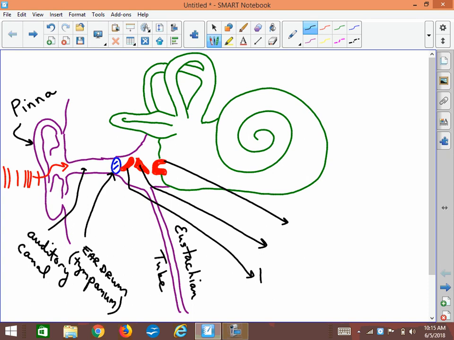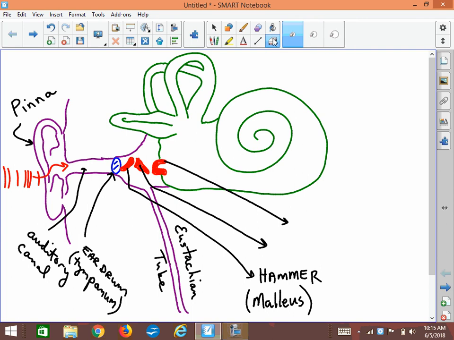It's called the hammer. The hammer. Or if you like Latin, it's called the malleus. Okay, and just to avoid making it look crazy, I'm going to stretch this line out because I don't want to squeeze everything in. So I'll put this guy sort of more over here.